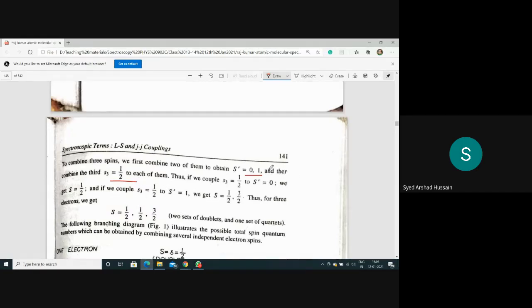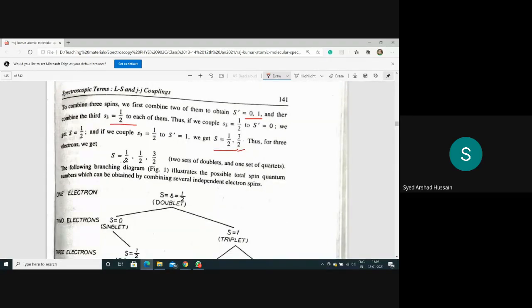Then half with 1: half plus 1, 3 by 2, and 1 minus half, half. In between, nothing exists. So there will be 3 values: half, half, 3 by 2. Two sets of doublets, where twice S plus 1 is 2, again 2, and here twice S plus 1 is 4, that means quartet.